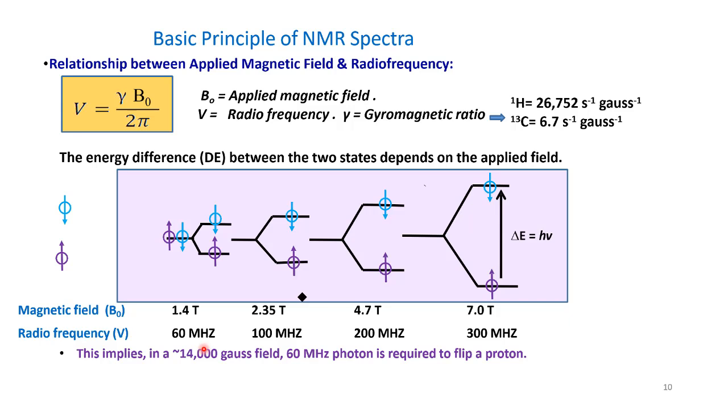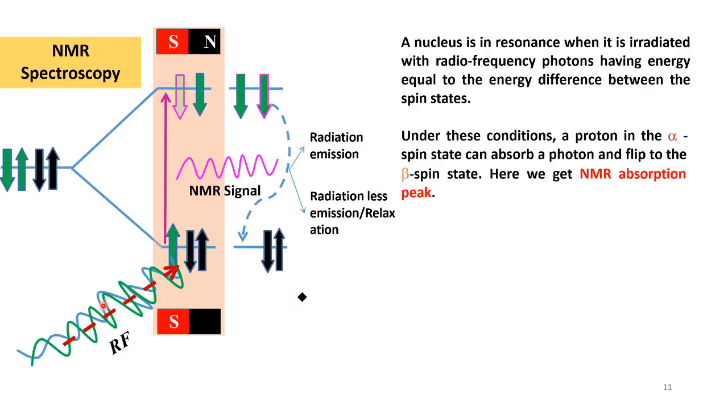So now you know how important it is to know the relation between these two, to get the proper signal out of our sample. So how is it happening? First, the RF, that is the radio frequency, gets absorbed by the nuclei, and then it jumps to the upper level and flips itself. Then at the excited level, it will radiate some energy in the form of emission or relaxation.